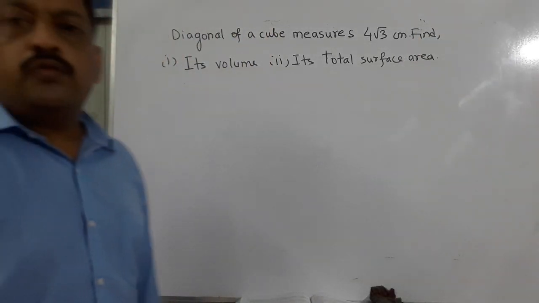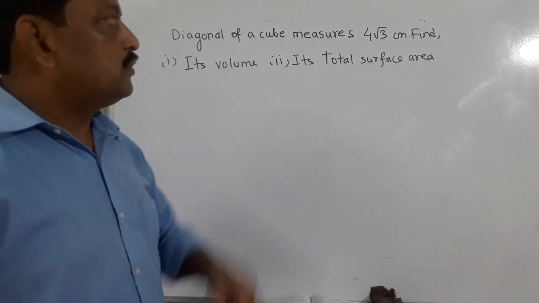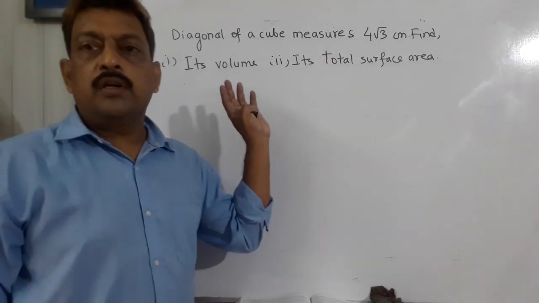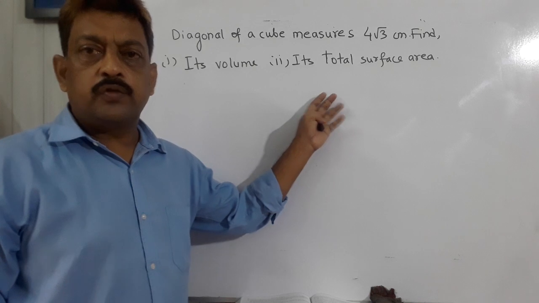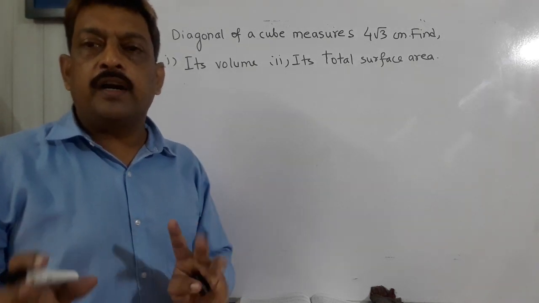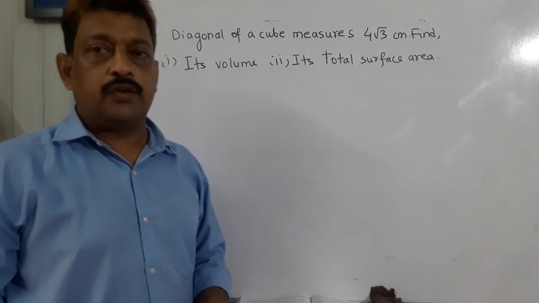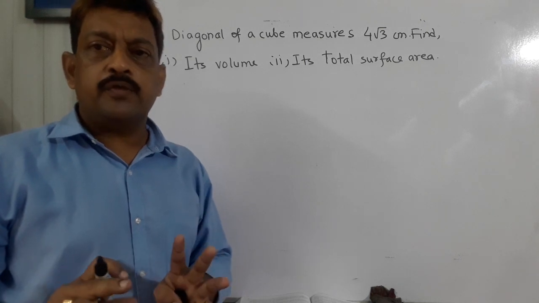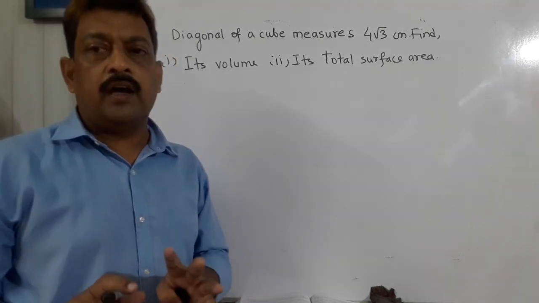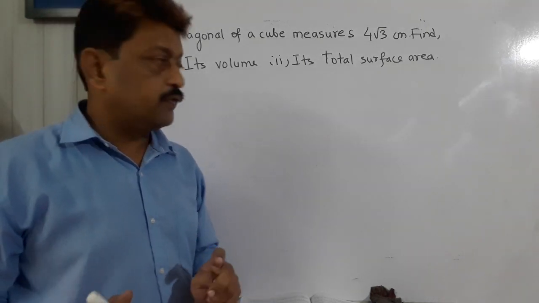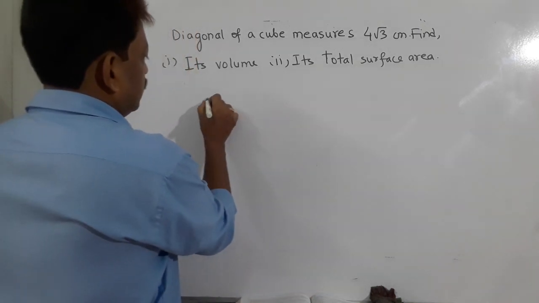So the diagonal of the cube is given as 4√3 centimeter. To calculate the volume and the total surface area, we have to find the length of each side of the cube. Now there is a relation between the diagonal of the cube and the length of each side of the cube. And what is that?